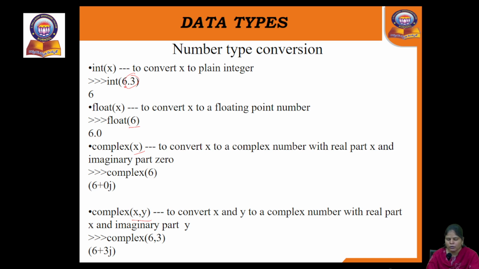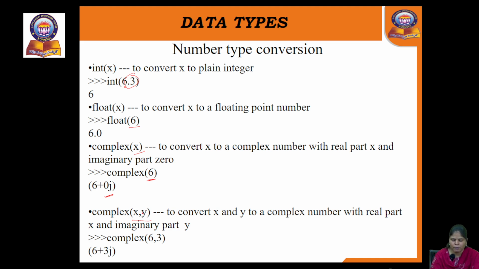So complex of x converts x to a complex number, where the real part is x and the imaginary part is 0. So complex of 6 gives 6 plus 0j as the output.